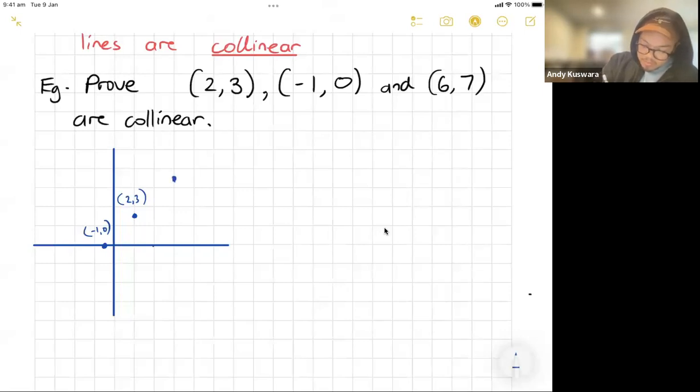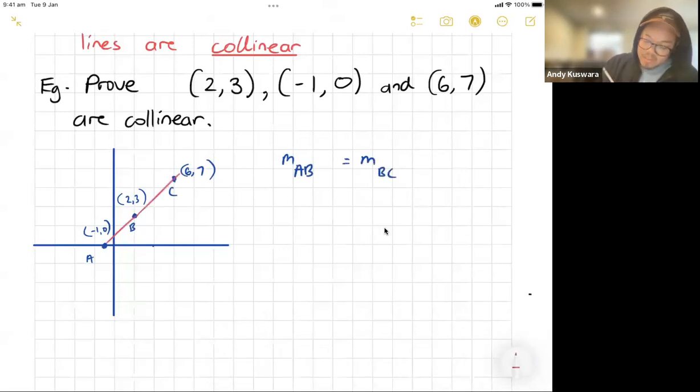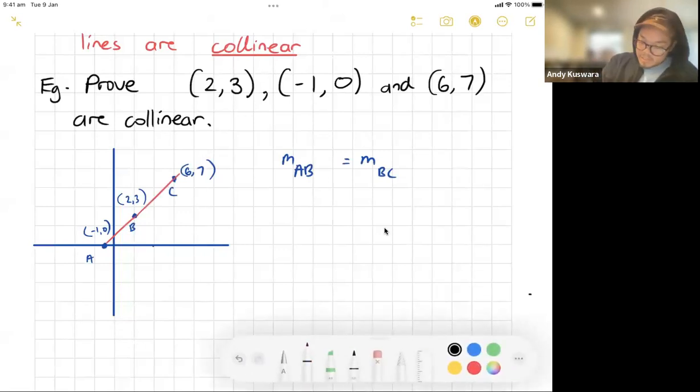Something like that. And I'm trying to prove if these three lie on the same line. So if that is A, B, C, if I can prove that the gradient of AB is exactly the same as the gradient of BC, that means it's one straight line, then it's collinear.